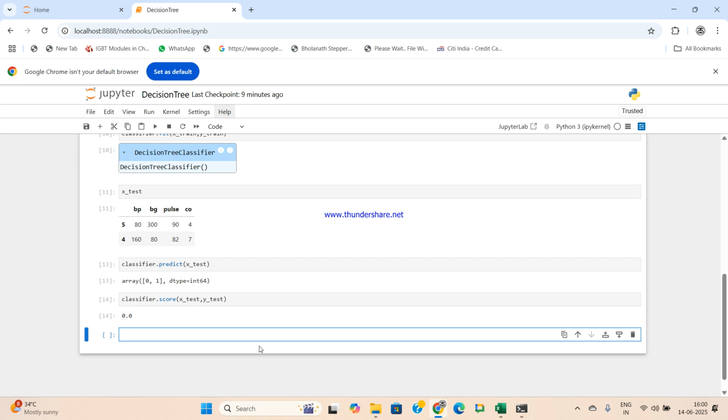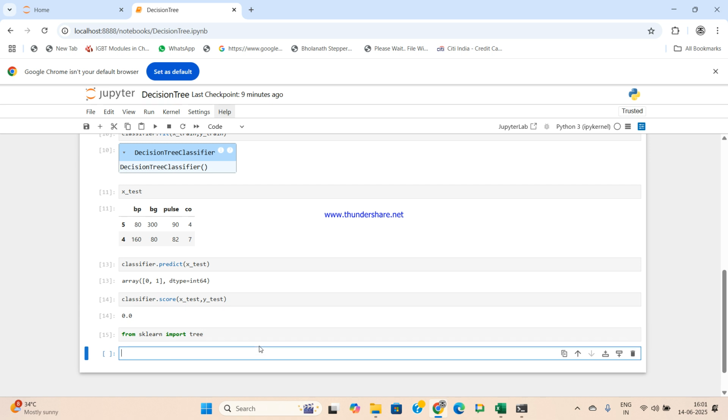Now we can see the decision tree also. For that you need to import tree from sklearn, then tree.plot_tree with the classifier object.